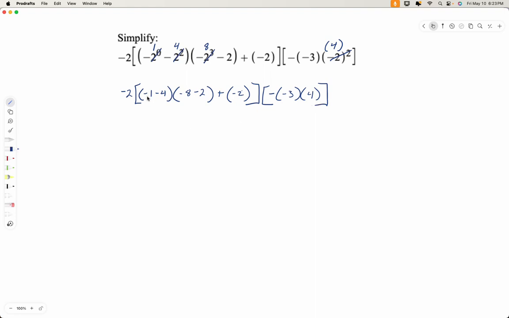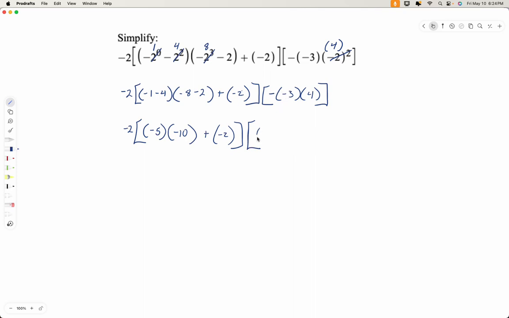So -1, -4, that's going to be -5. -1 minus 4. -8 minus 2 is -10 plus -2. And then in this bracket, I've got negative times a negative.